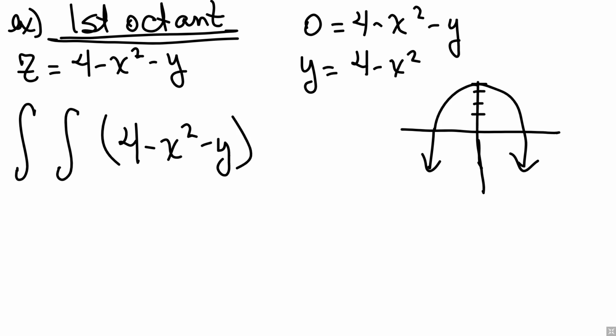So with that in mind, we don't need this portion of the graph, nor this portion, since x, y, and z all have to be positive. Does that make sense, everyone? So this is what we're going to focus on.